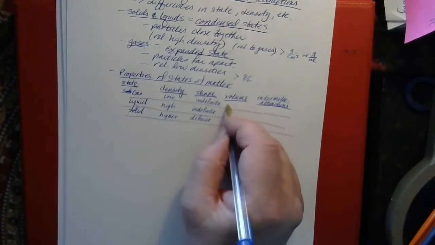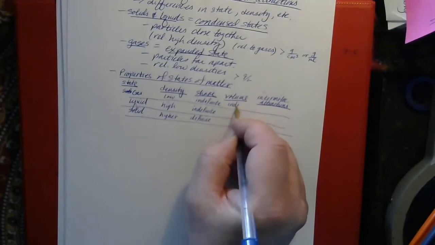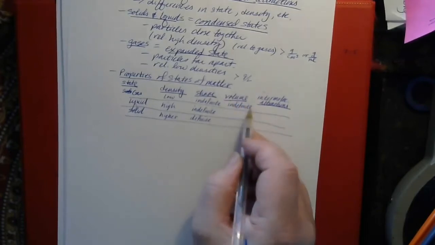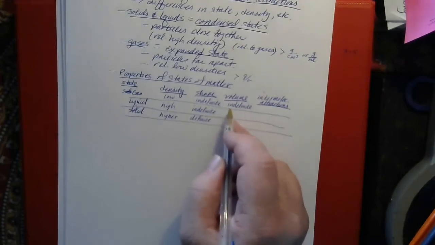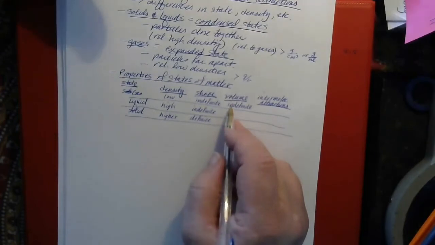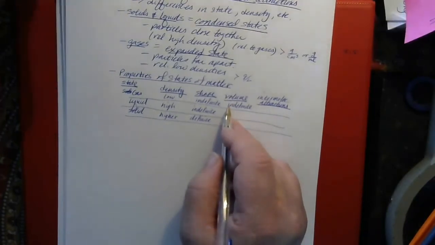For volume, gases have indefinite volume, meaning they will expand to fill the entire container that they're in. And again, it's because there are no attractions between the molecules in a gas, and the molecules in a gas are free to move relative to each other, and they're in constant, high-speed motion in random directions.